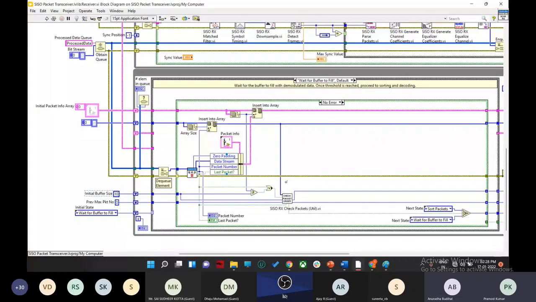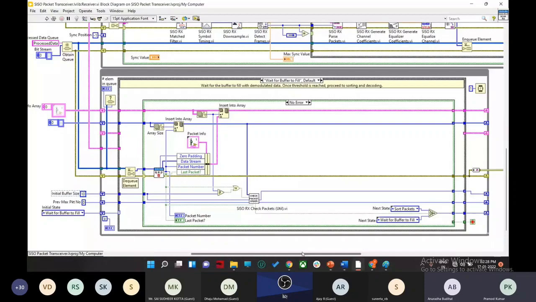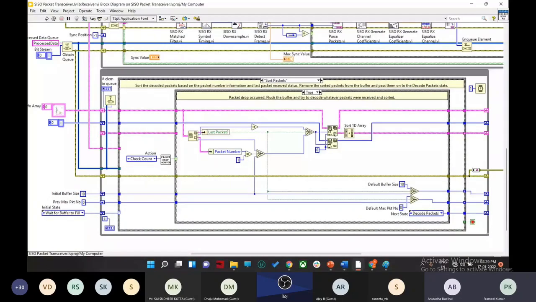We have placed this sort packet state because there might be a chance that we receive a third packet before the second packet, or a fifth packet before the fourth packet. That might happen, right? To make sure that doesn't happen, we sort the packets we get. For example, if we get 1 5 4 3 2 1, it will get sorted in ascending order, like 1 2 3 4, and then it goes to the next state where we decode the packets.